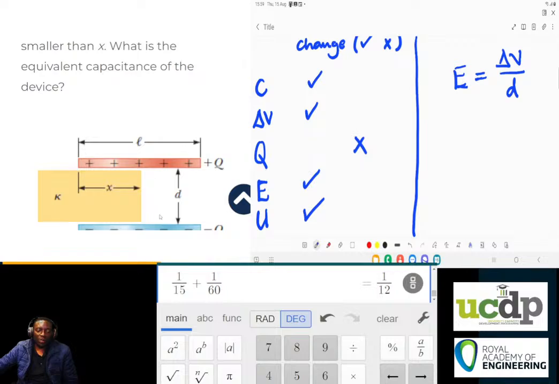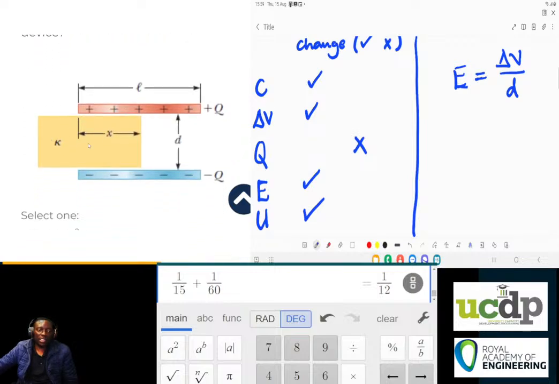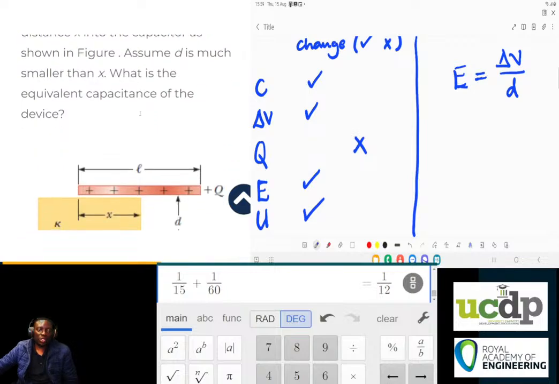So there is the diagram. You have your parallel plates initially connected to a supply, then isolated or disconnected from the supply. The supply is then removed. That's the isolation. And then a material with dielectric constant, this yellow material, is now placed in there a distance x into the capacitor as shown.